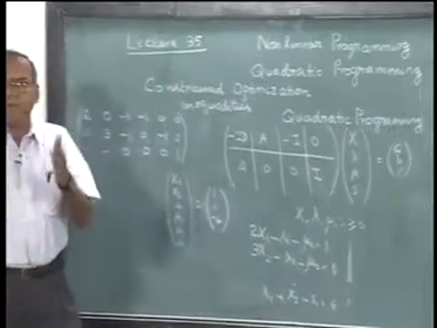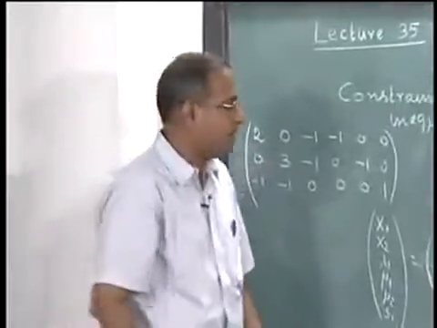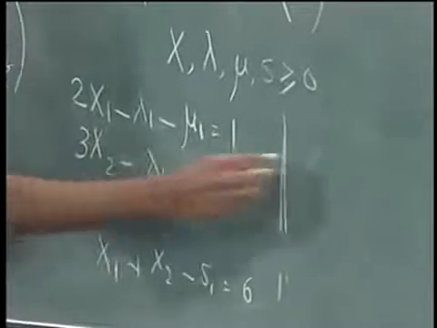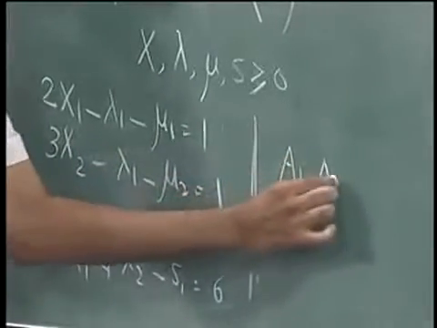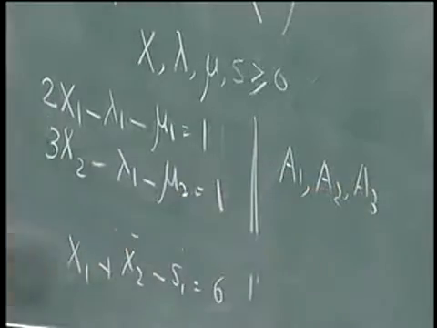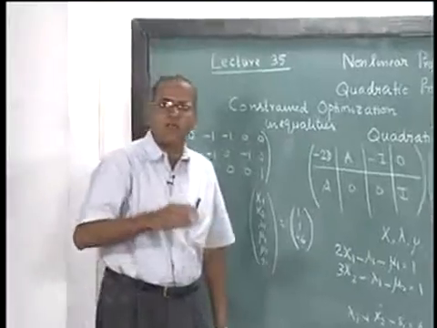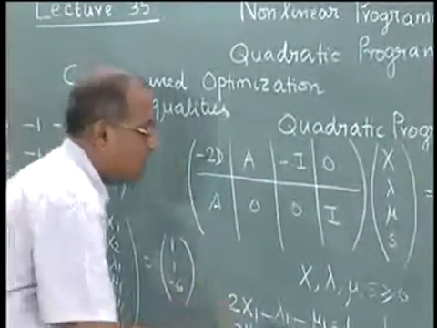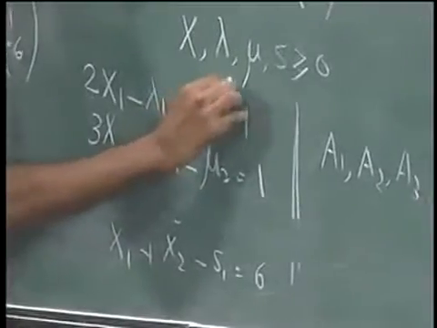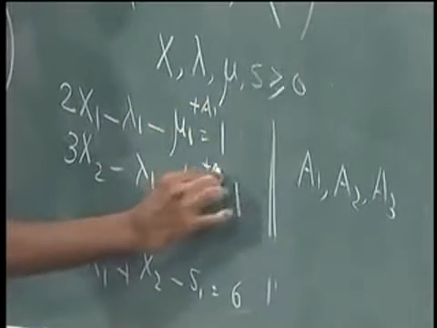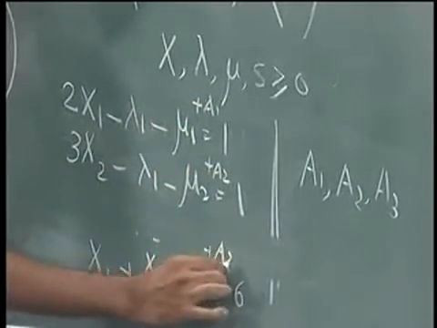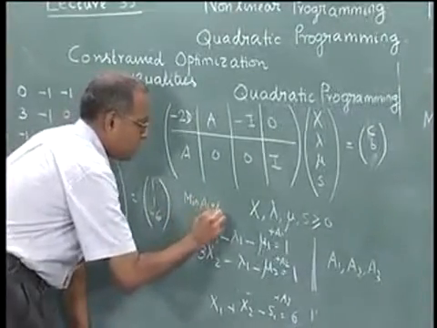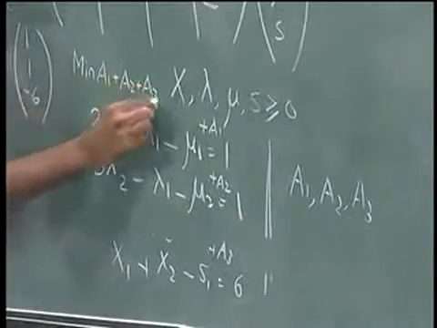So in order to solve this as a linear programming problem, since we have equations, we introduce 3 artificial variables a1, a2 and a3, such that a1, a2, a3 now form the initial basis and the objective function automatically shifts. So we add a1 here, so this will become plus a1 equal to 1, plus a2 equal to 1, plus a3 equal to 6, and then we say minimize a1 plus a2 plus a3.